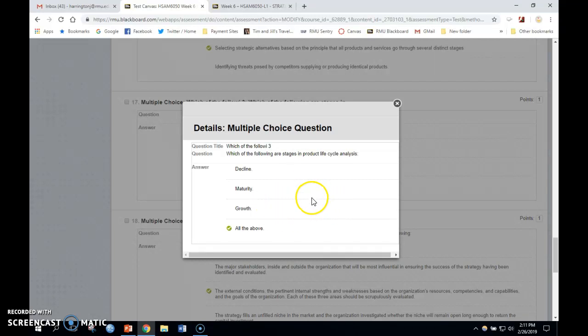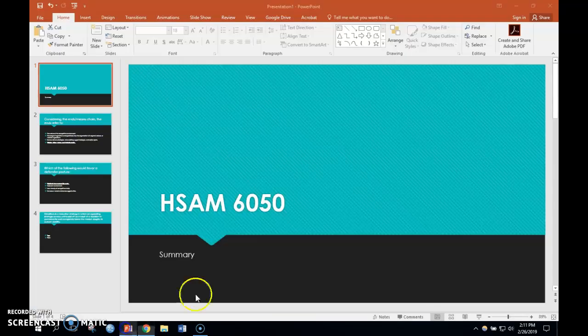So the answer in this case was all of the above, which the following are stages in the product life cycle analysis. There's introduction, growth, maturity, and decline, the 4 stages. So that has been updated, and I think everyone got it right, so it wasn't a huge deal. Everyone had gotten it wrong at first, but then everyone got it right in the long run.